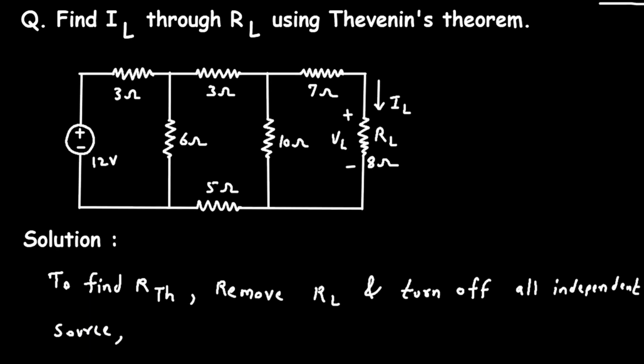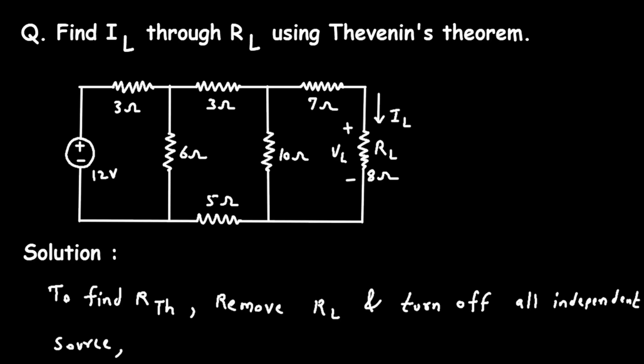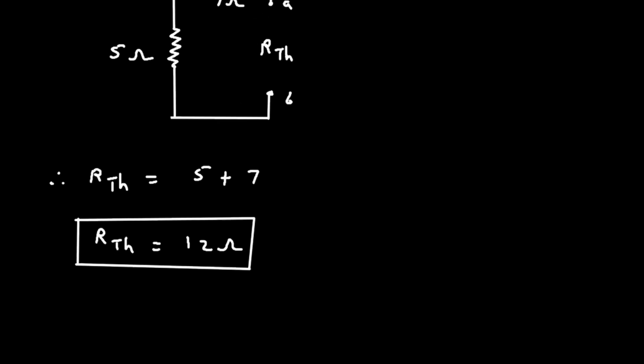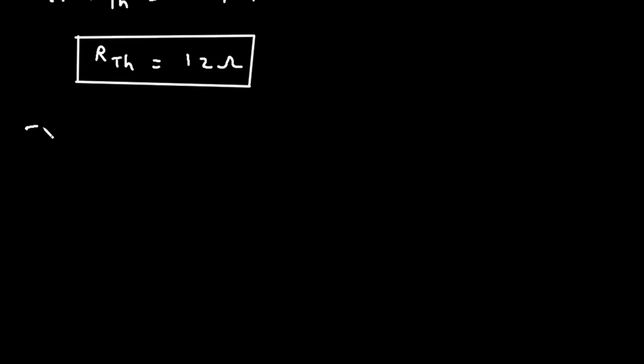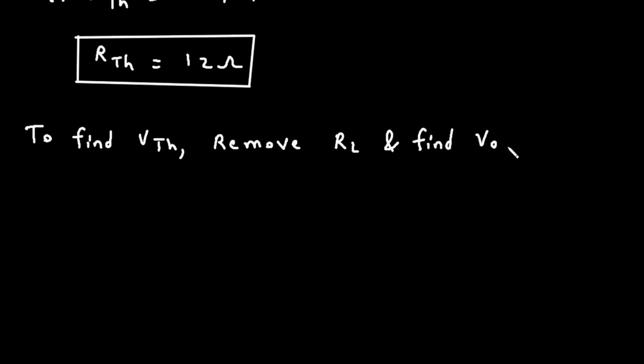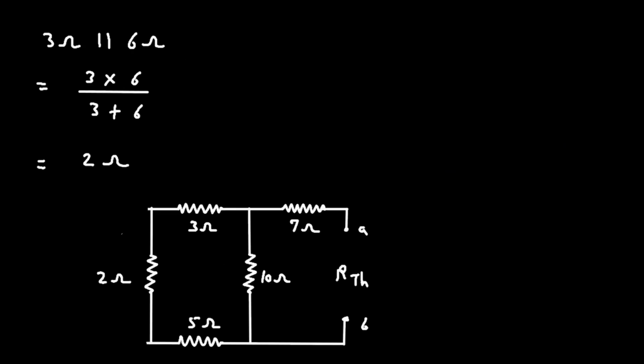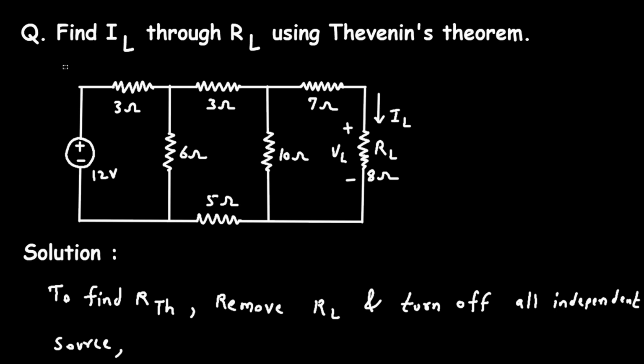Next we have to find the value of Thevenin's voltage VTH. To find VTH, again what we have to do, we have to remove RL and find VOC, which is equal to VTH. Now VOC is the open circuit voltage. So again let's copy this circuit from here.